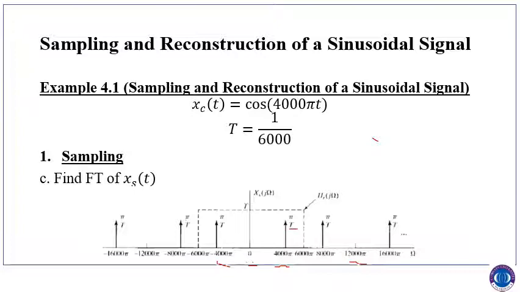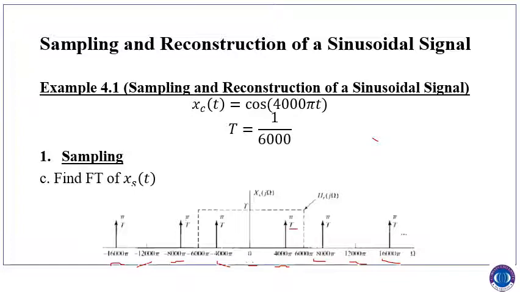So 12,000π plus 4,000π is 16,000π, and 12,000π minus 4,000π is 8,000π. Likewise on the negative side, minus 12,000π plus 4,000π is minus 8,000π, and minus 12,000π minus 4,000π is minus 16,000π.